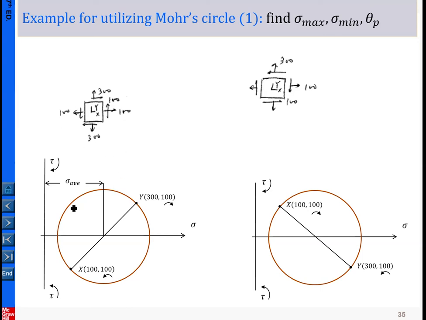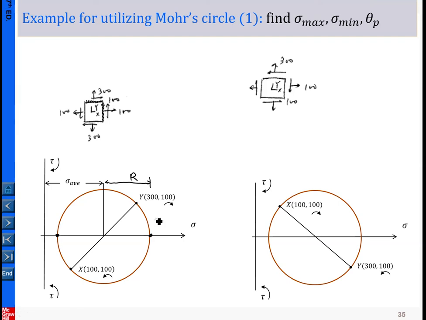We have the Mohr circle, and we have the xy points representing the state of stress: the x point on this one and the y point representing the state of stress on the y plane here. So that is the given. Now we know that the principal stresses will be here and here, and how much they are can be written down easily. This one is that amount plus the radius r.